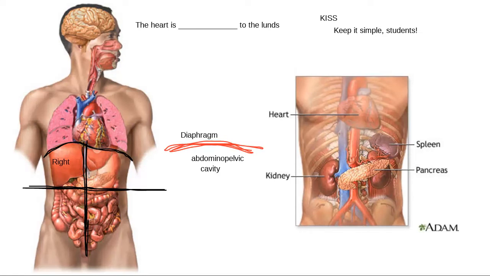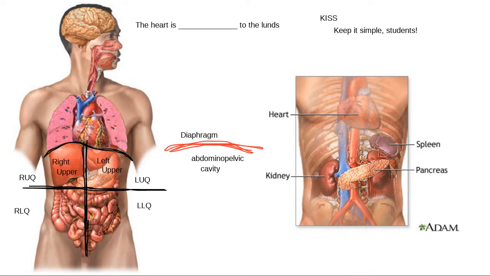Let's try again. Upper quadrant, right upper. Or you might see this abbreviated RUQ, right upper quadrant. So next door neighbors to it then, we've got the left upper quadrant, which you might see LUQ. Then we go down below, and it's my LLQ, left lower quadrant, and the right lower quadrant.